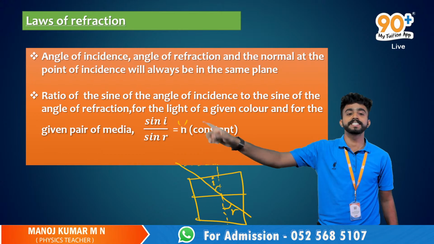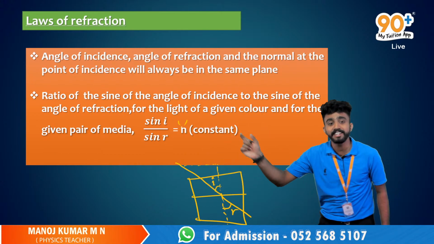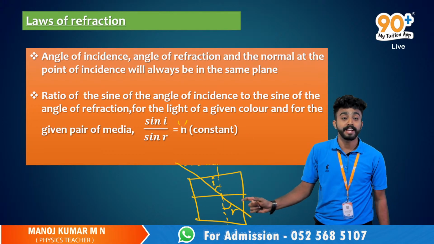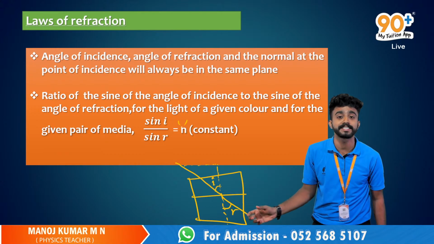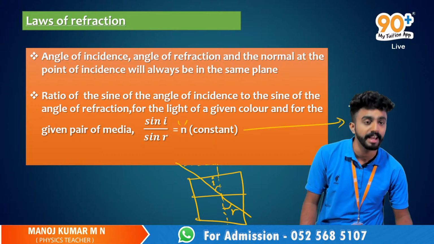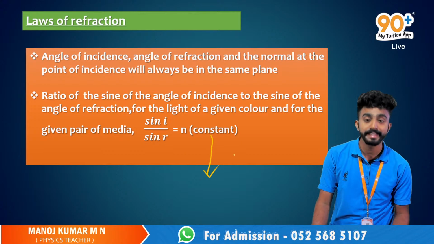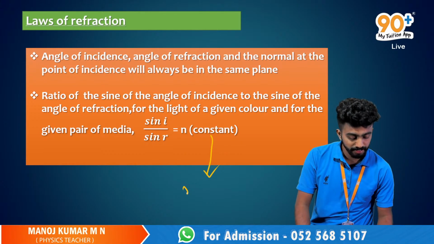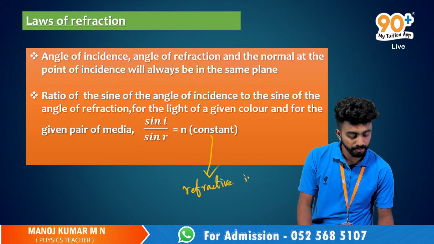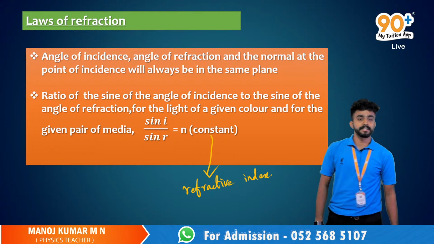So the ratio of sine of angle of incidence to sine of angle of refraction is a constant, and that particular constant is none other than what? Any guesses? Refractive index. Yes.